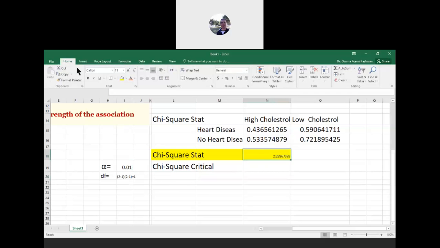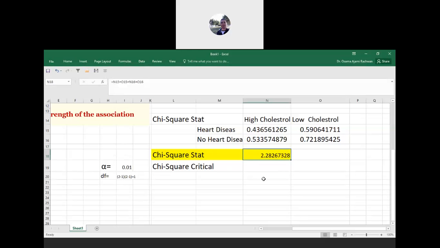So you'll go for P equal to 0.01 and the degree of freedom equal to 1. Okay, I will share the table with you. Yes, I will share it just to show them how to use this one, okay.